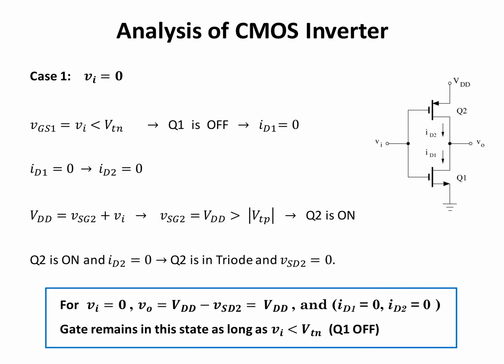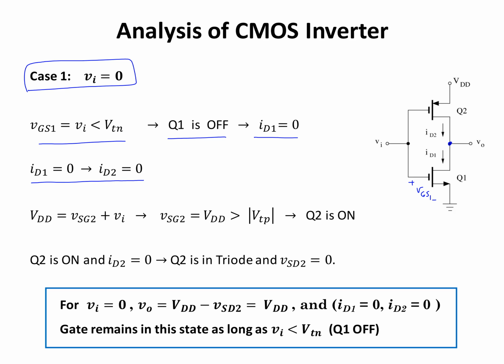First, when VI is equal to 0, for the gate to source of transistor 1, I have VGS1 equals VI, which is 0, so it's less than the threshold voltage for transistor 1. As a result, Q1 is off and I drain for transistor 1 is equal to 0. From the KCL, I know that ID1 equals ID2 and that both of them are equal to 0.